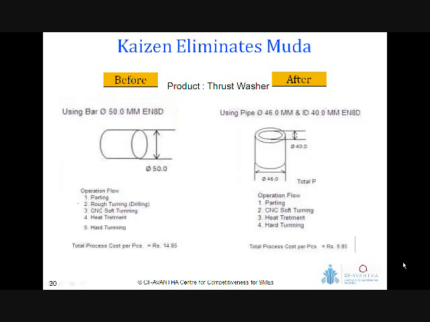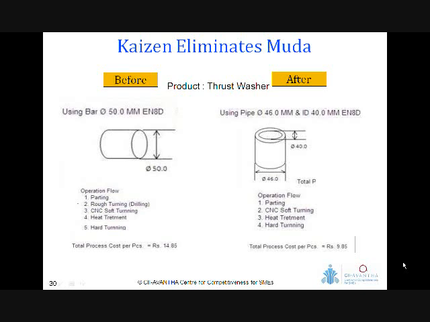One more example where you can save material. A 50 mm bar is used to create a product. The different operations were parting, rough turning, CNC short turning, heat treatment, hard turning. Cost was 14 rupees per piece. So the company discussed with the supplier and vendor who were supplying the raw material.